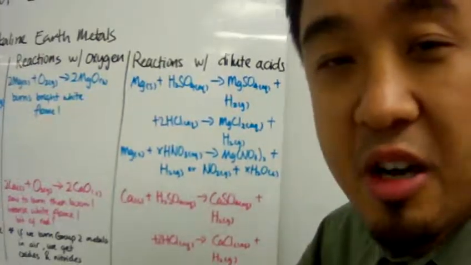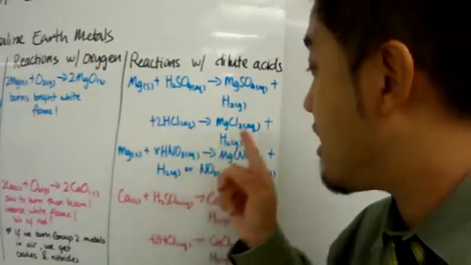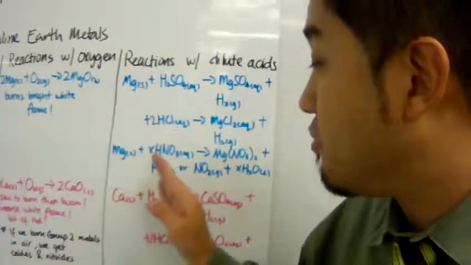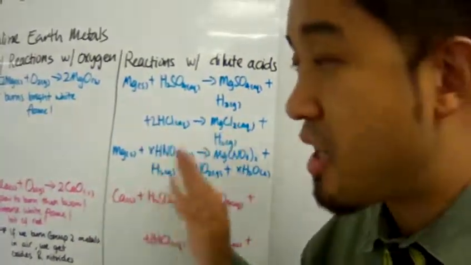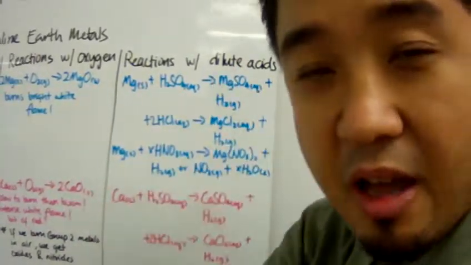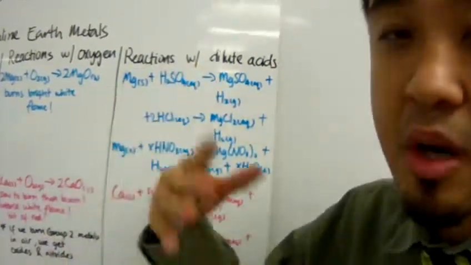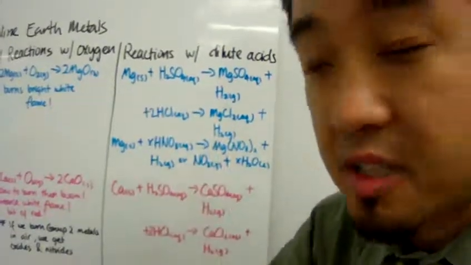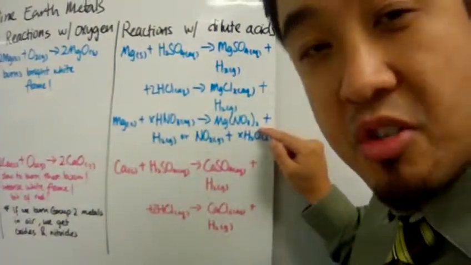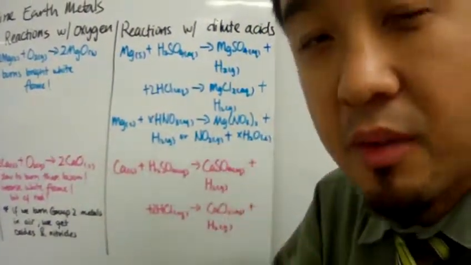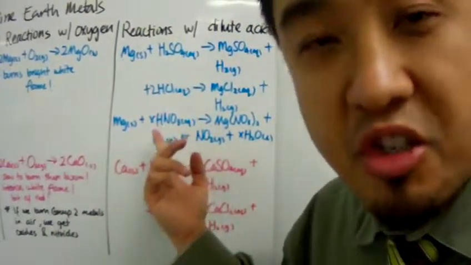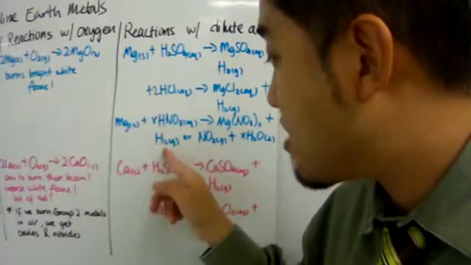If you react with hydrochloric acid, you get magnesium chloride and hydrogen gas. Now, depending on the concentration of nitric acid you have, you would get a variety of products, but the main product is magnesium nitrate. If you have a dilute solution of nitric acid, you get hydrogen gas.